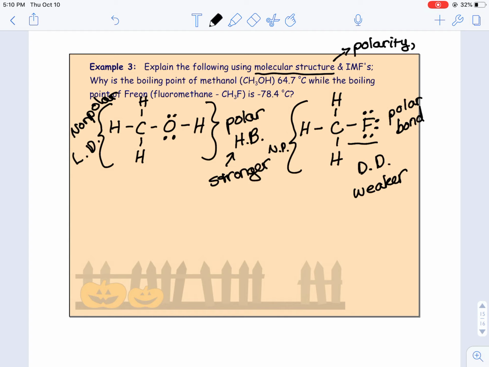So make sure that you're answering the question completely. It asks you to include molecular structure, polarity, and intermolecular forces.